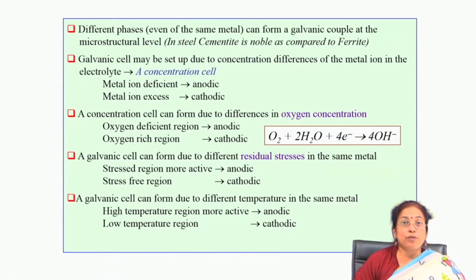It may also be formed because of the concentration difference of metal ion in an electrolyte. You call it a concentration cell, where the metal ion deficit part acts as anode and the metal ion excess part acts as cathode. You can also form a microgalvanic cell when there is an oxygen deficit regime or an oxygen enriched regime.